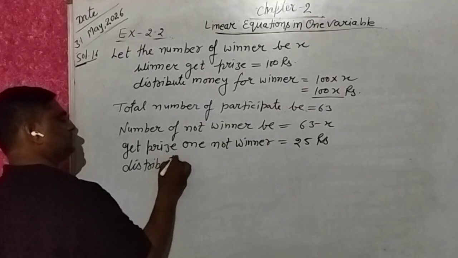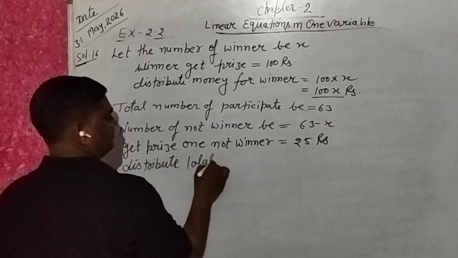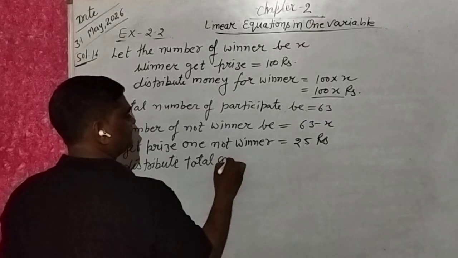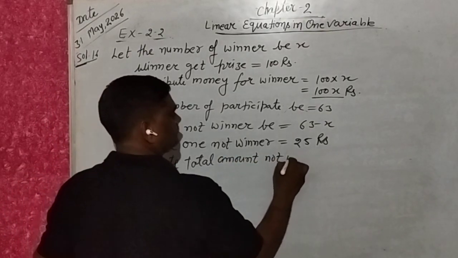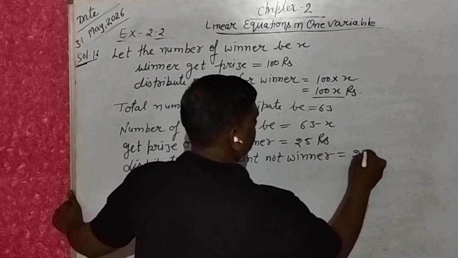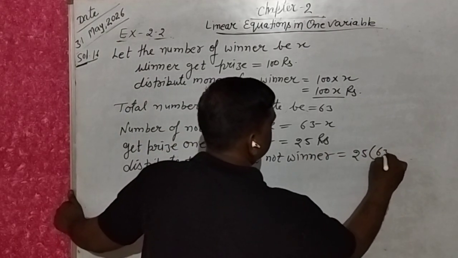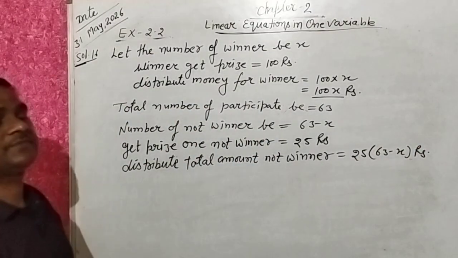Distributed total amount for non-winners is 25 into (63 minus x) rupees. Do you understand?